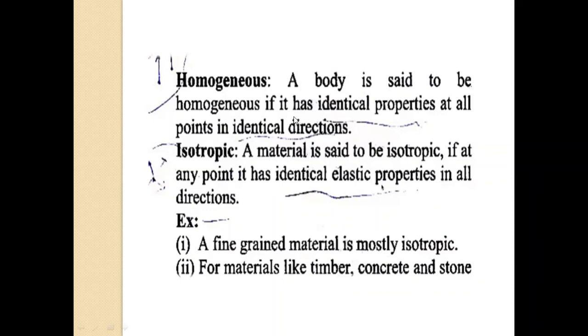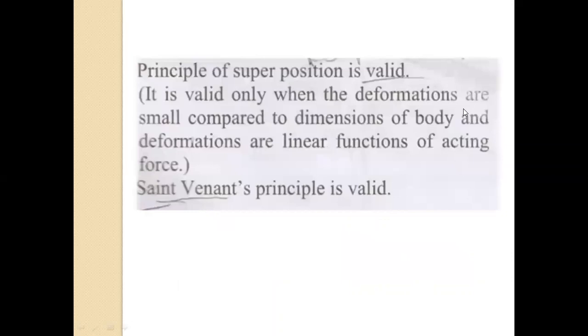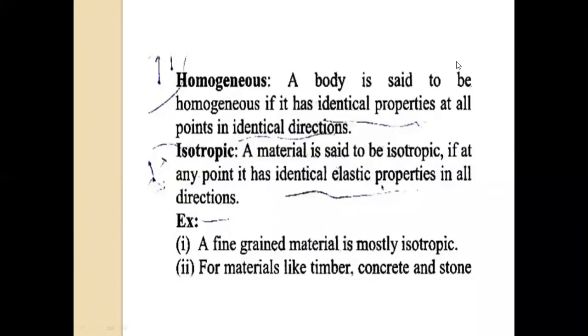You have to remember that homogeneous is at all points, elastic properties are the same at all points. And when you are dealing with isotropic, elastic properties are the same in all directions.